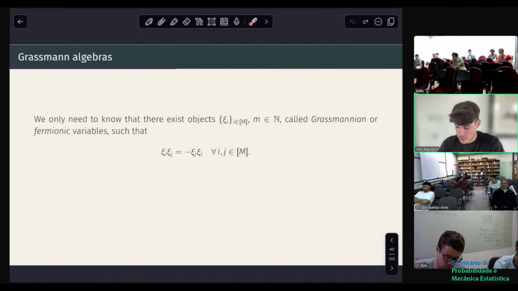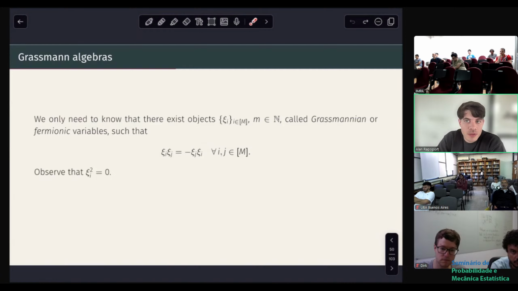For more details about this, you can go to your favorite algebra practitioner and ask him or her about this stuff, but this is completely well defined. There's nothing mysterious about this. I mean, it's quite unfamiliar for most of us maybe, but in general, this is completely well defined.